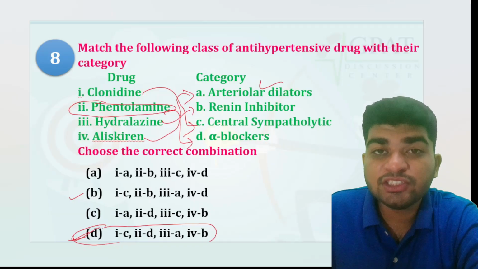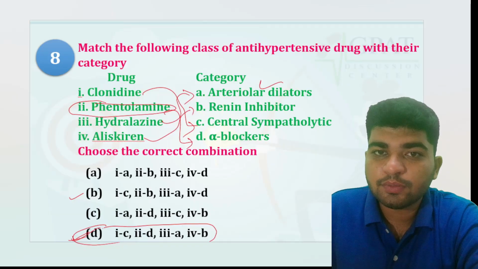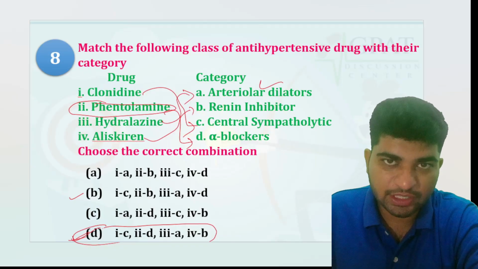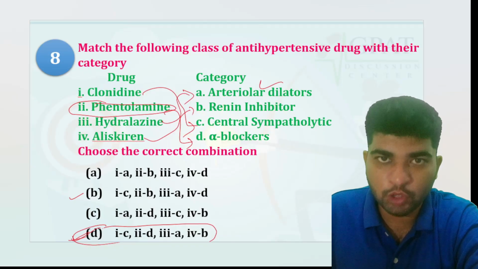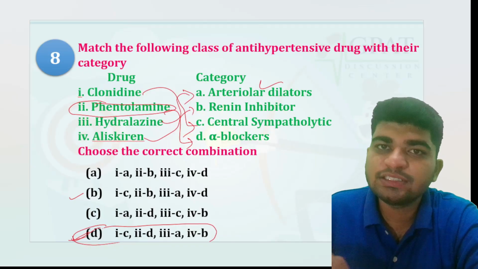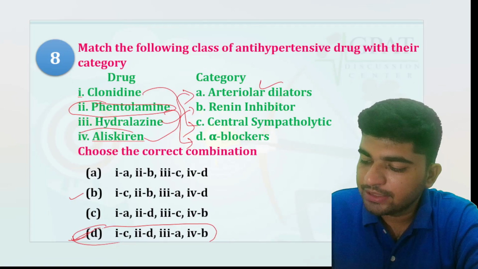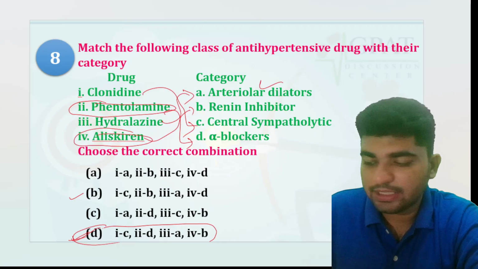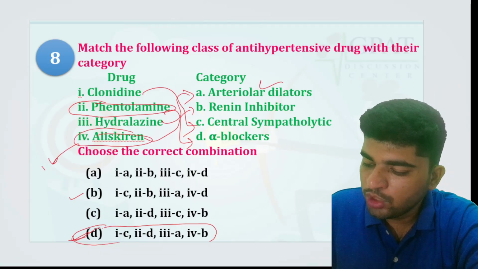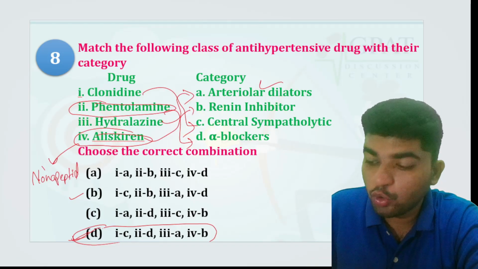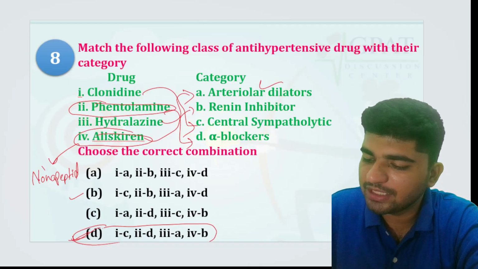Renin is generally produced by the JG cells of the kidney in response to low blood volume. It is inhibited by aliskiren. Is aliskiren a nona-peptide? No, it is not a nona-peptide. It is non-peptide in nature.